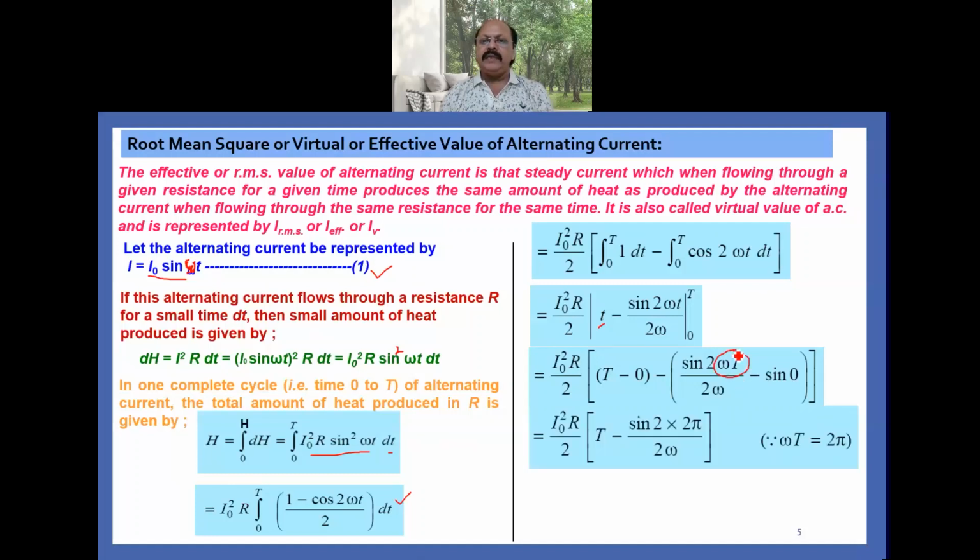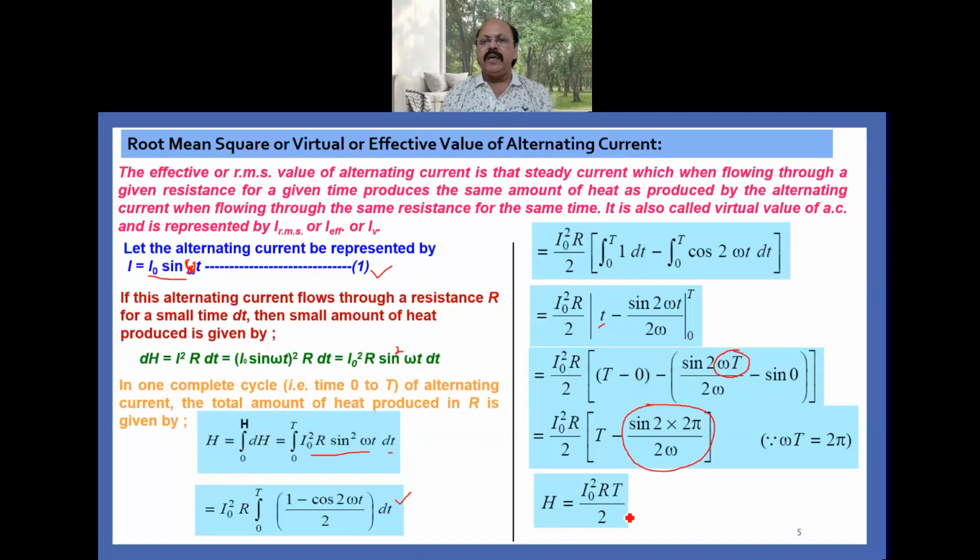So what you will get is I naught square R upon 2, and here it is T minus sine 2 into 2 pi upon 2 omega, because sine 0 is 0. Now it becomes sine 4 pi, and sine 4 pi is also 0. So this factor also becomes 0, and finally you will get H equal to I naught square RT by 2.